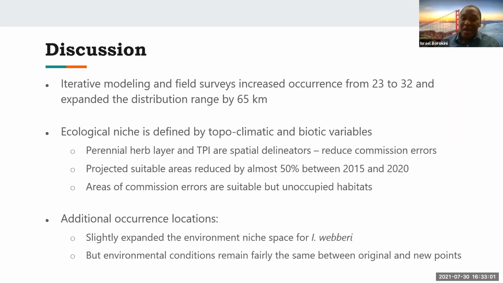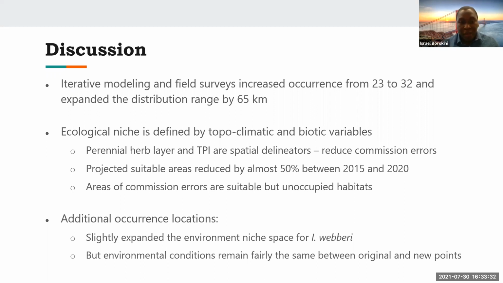So those areas that were predicted to be suitable, but the species has not been found there, are often called areas of commission errors, but they are in fact areas of potential niche that should be earmarked as potential landscape corridors for the species, especially as the climate continues to warm into the 2100 and beyond, so that the species have opportunities to disperse across the landscape to their new homes.